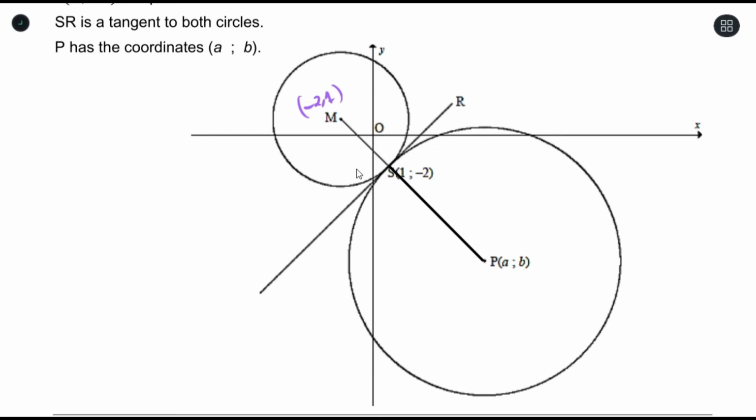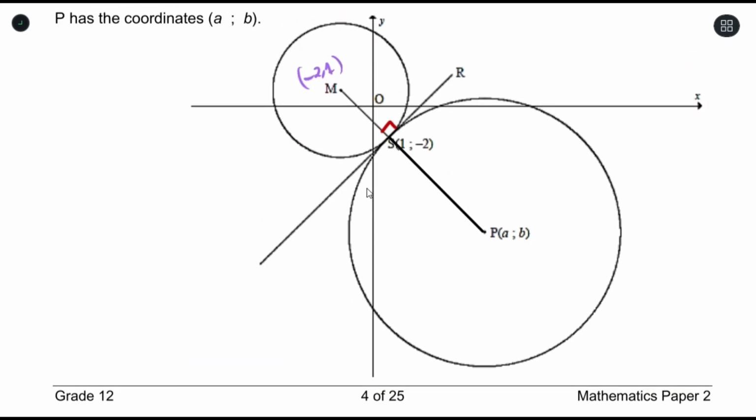But we don't have the gradient, and we don't have 2 points on this line to help us get the gradient. However, our radius is always perpendicular to a tangent.